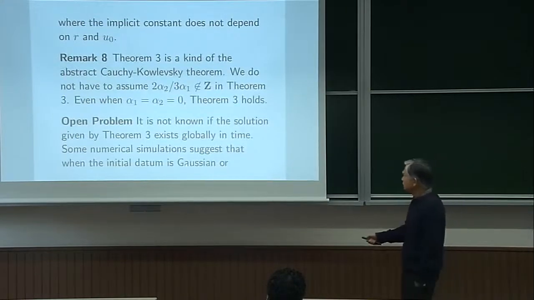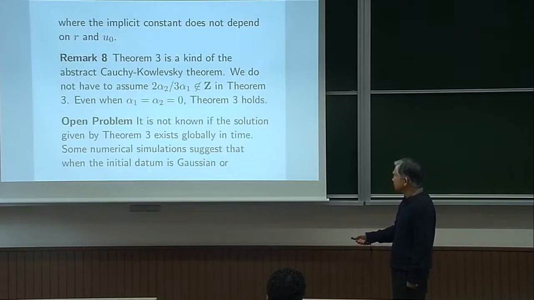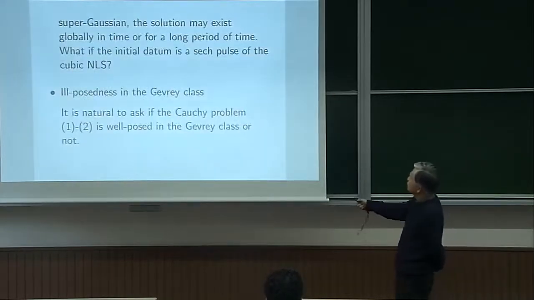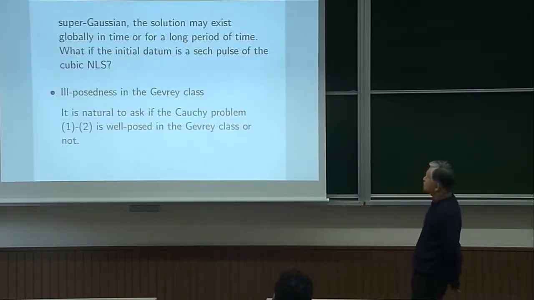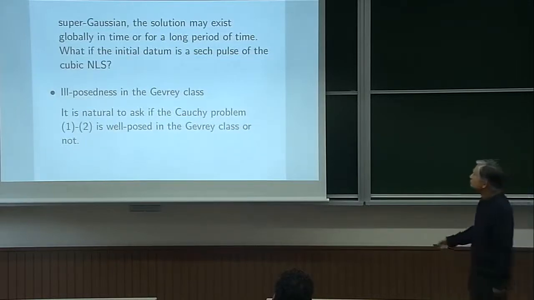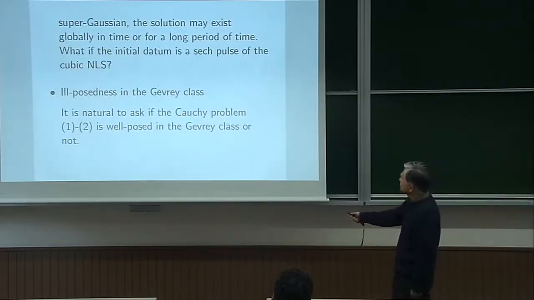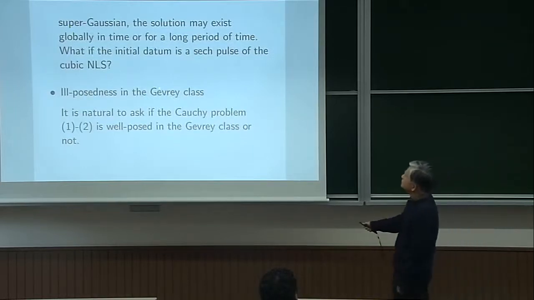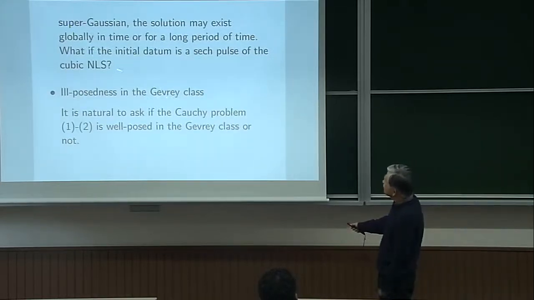Some numerical simulations suggest that when the initial datum is Gaussian or super-Gaussian, the solution may exist globally in time, or at least for a long period of time. What if the initial datum is a hyperbolic secant pulse? This is the exact soliton of cubic NLS.